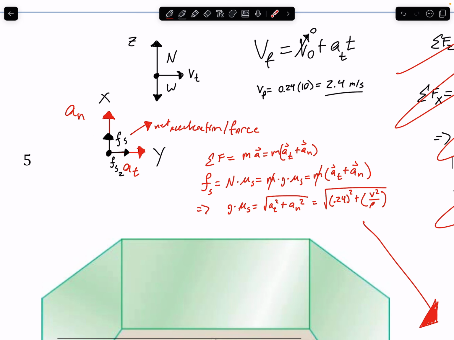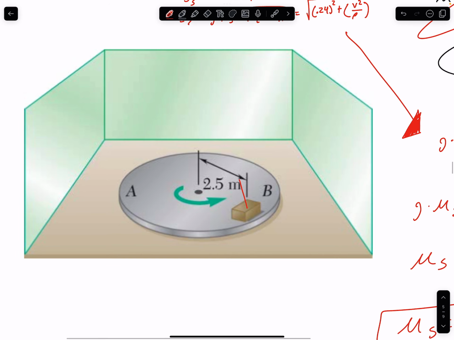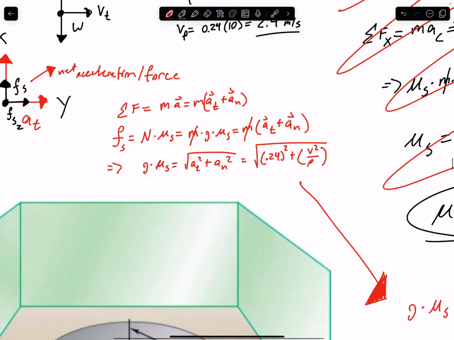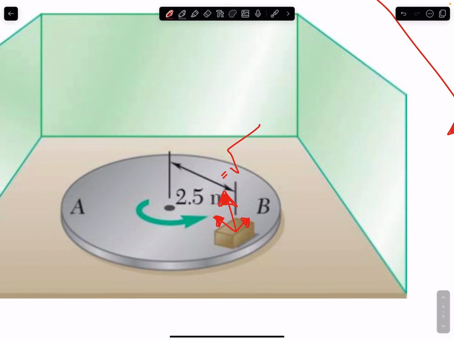Because that means that the friction has a net acceleration in that way, even though it has components there and there. So, yeah, it's equal to the square root of AT squared plus AN squared.